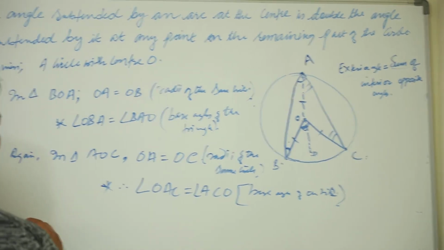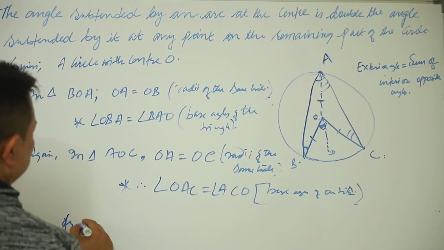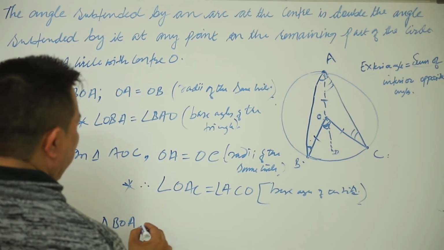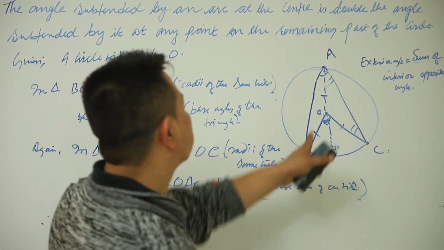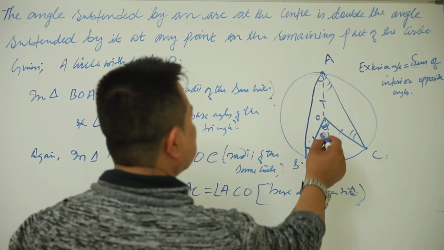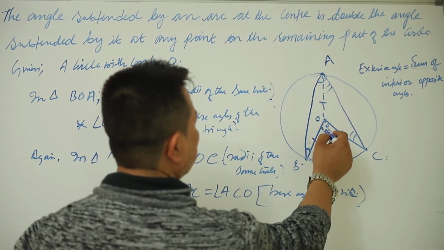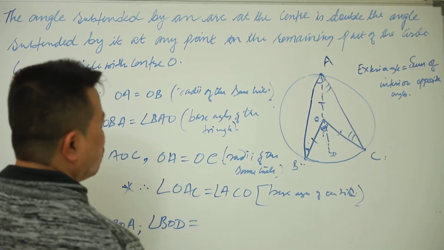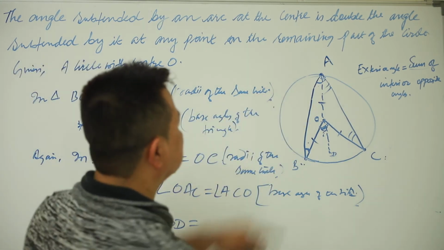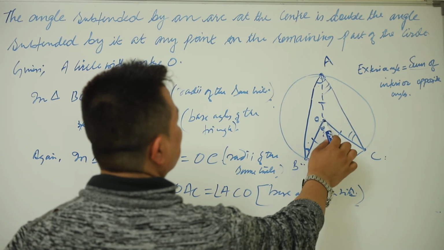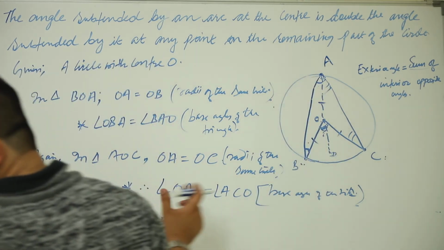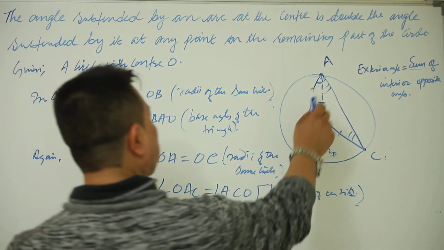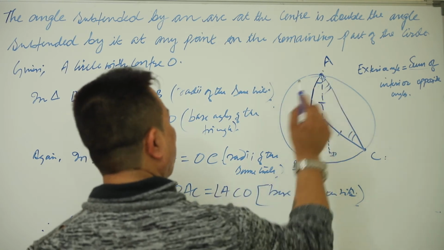Therefore, from triangle BOA, what can you write? This exterior angle, what is the name of it? Angle BOD equals the sum of interior opposite angles, these two. So angle OBA plus angle BAO.